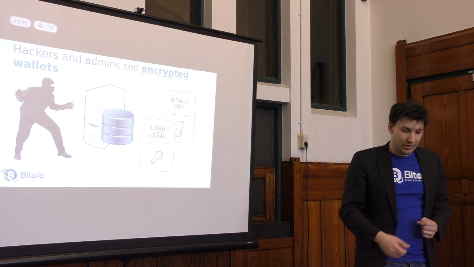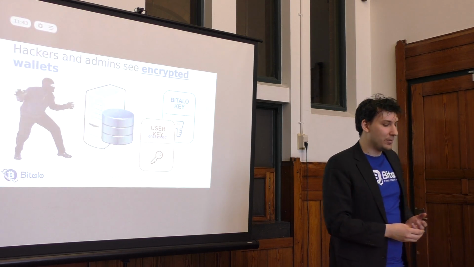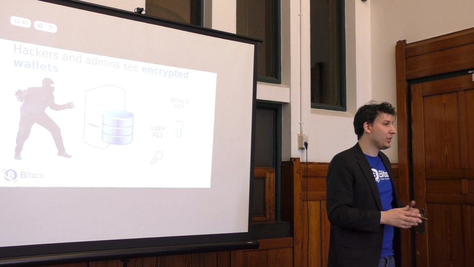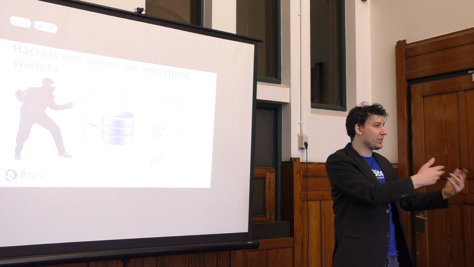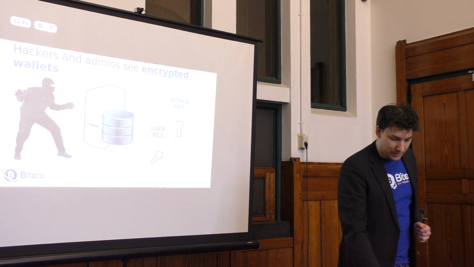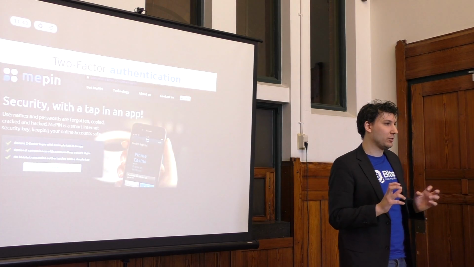And in that sense, of course, you can also ask what happens when the user's computer is compromised, because of course you can also hack the user's computer. This is why you also get some kind of 2-factor authentication.